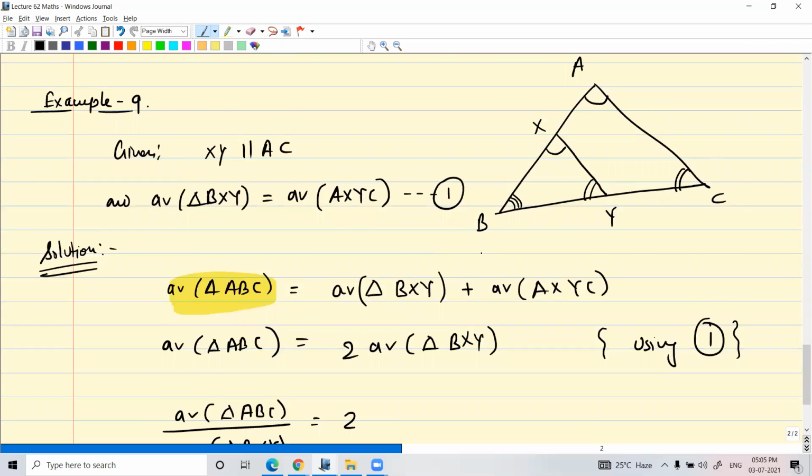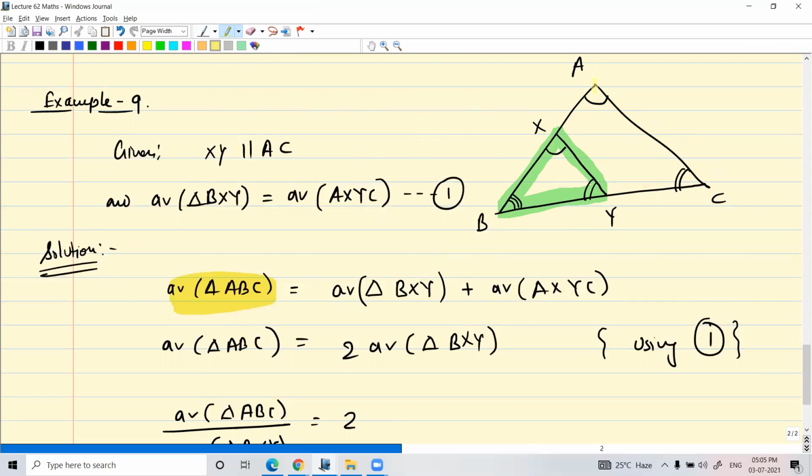Is everyone able to visualize the triangles we are talking about? Take this big triangle ABC and then take this smaller triangle XBY separately. Confirm, guys. Are you able to understand this?